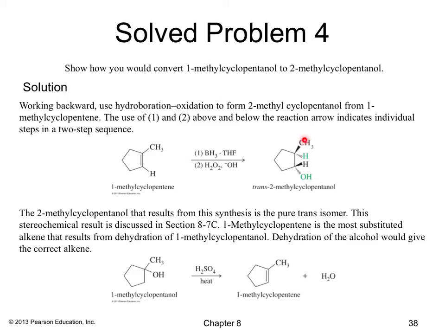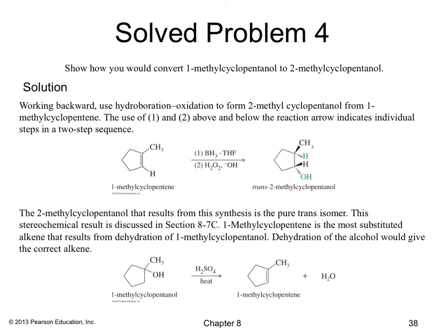It's going to be trans with respect to the CH3 and OH, but it's syn addition. Then if you do look at 2-methylcyclopentanol, that is a result from the synthesis of the pure trans isomer. This stereochemical result is also discussed in this section in your book.